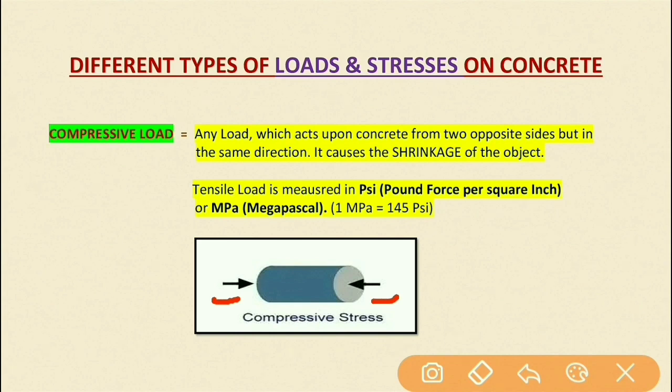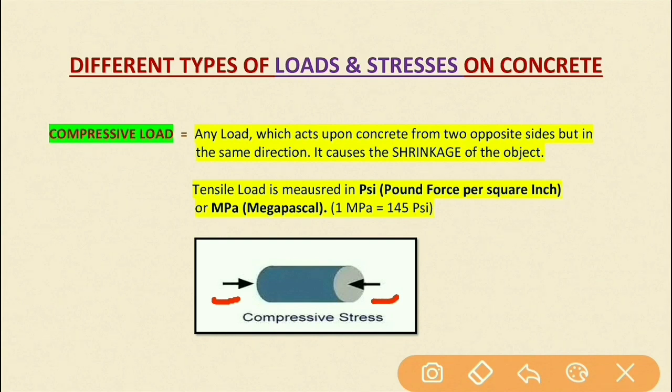This type of load upon a concrete column produces compression in the structure, so that's why it's known as compressive load. What is an example of this load? It's like the floor we walk on. The floor is made up of PCC, which is concrete, and we put pressure upon the floor.